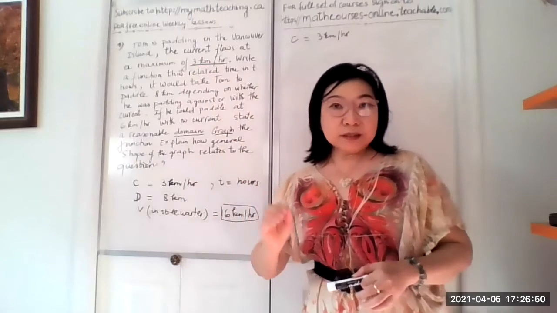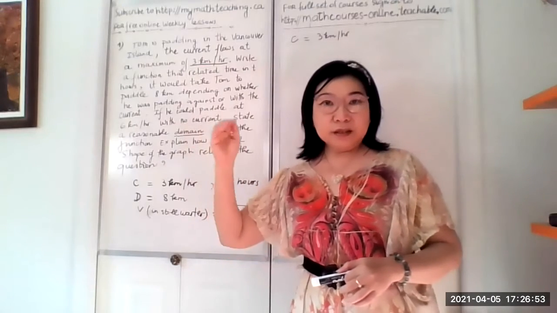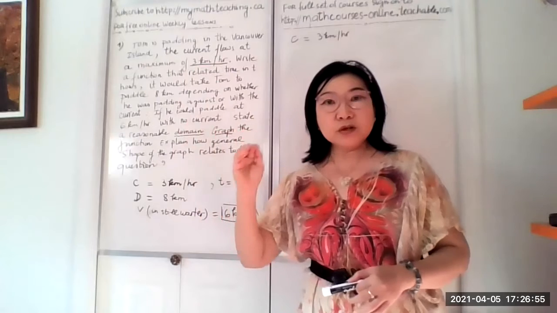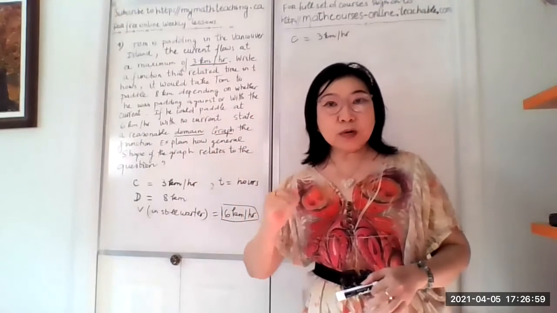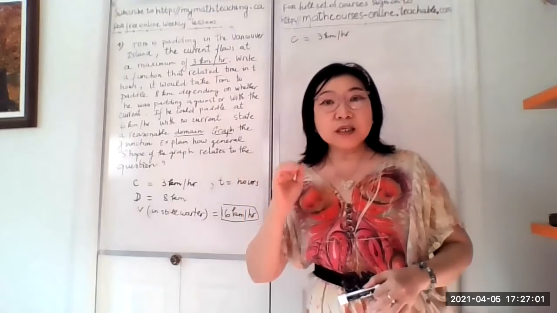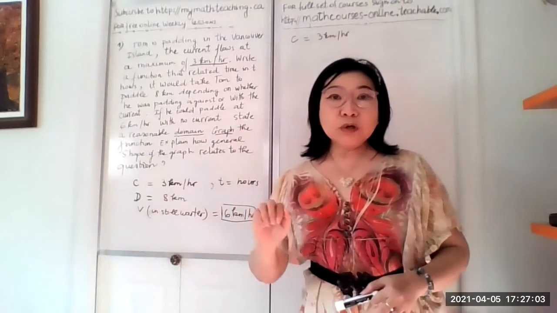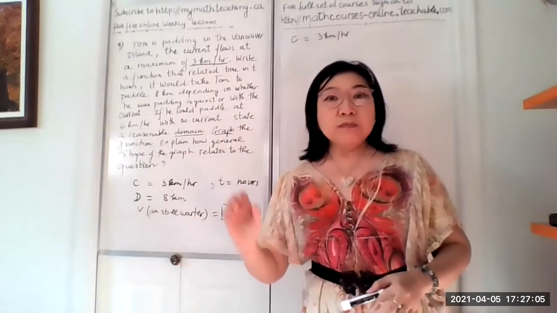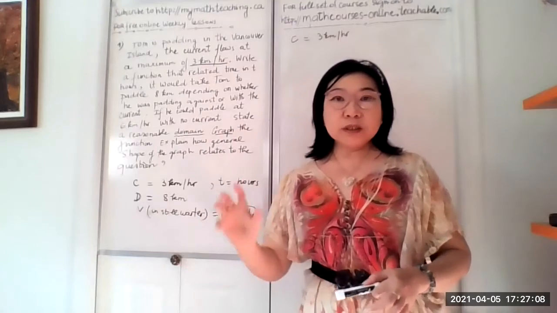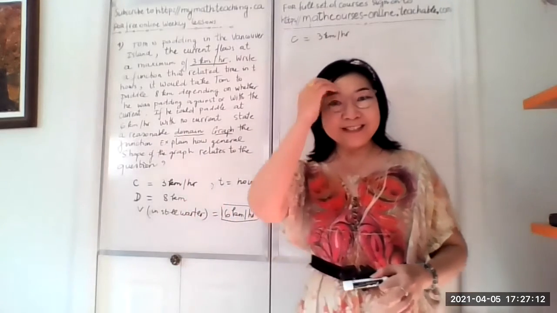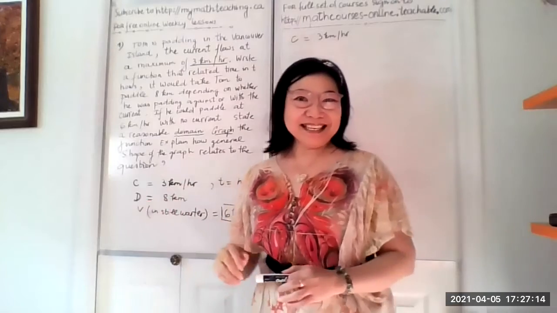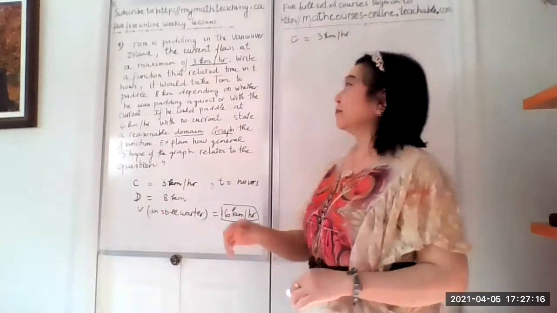If you go against the current, then the speed of the current makes your speed go down. The speed of the boat in still water will slow down because your boat goes against the current. So that's the situation. It sounds complicated, right? But that's how real life is.